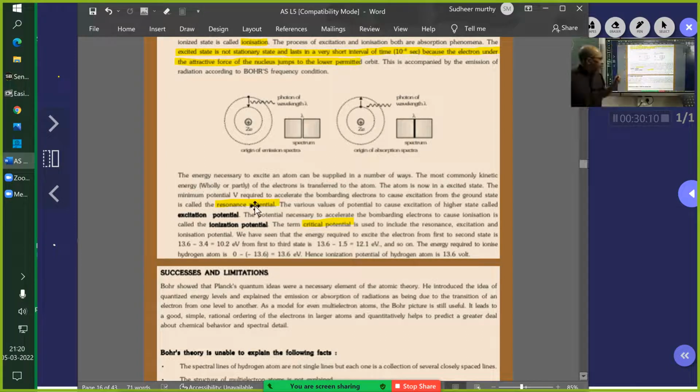The other thing is this. What is it? The most common one is the kinetic energy, wholly or partially, of an electron.